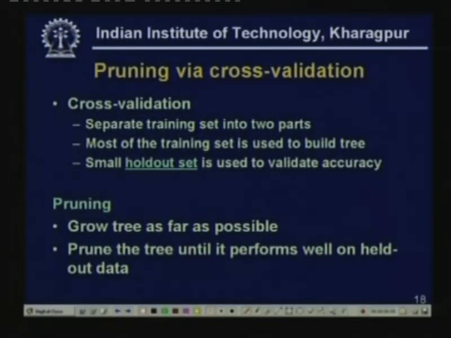So for pruning, what we do is we grow the tree as far as possible. Instead of stopping early, we grow the tree quite deep, and then after growing the tree, we prune it as long as it keeps performing better on the held out data.